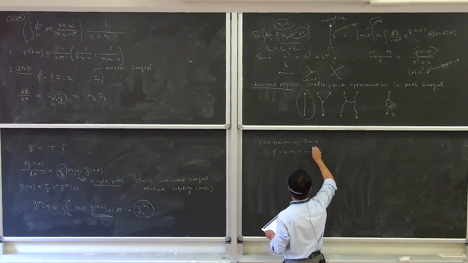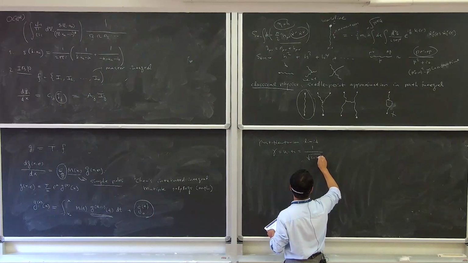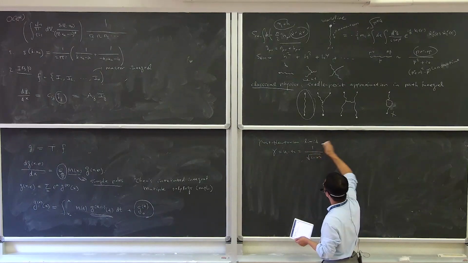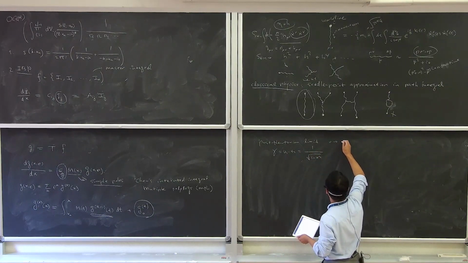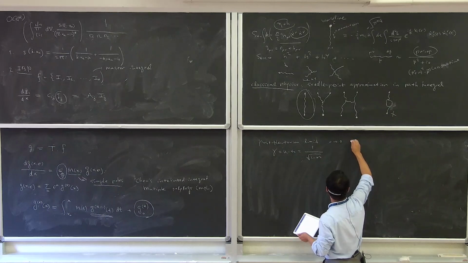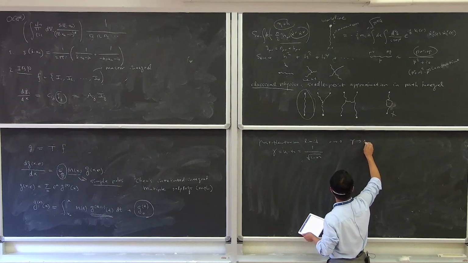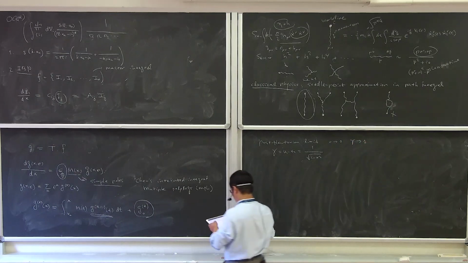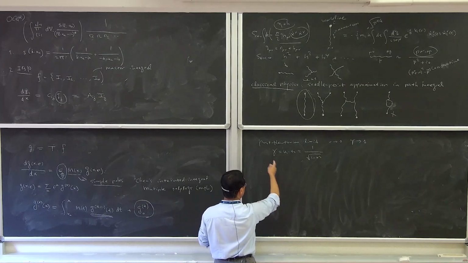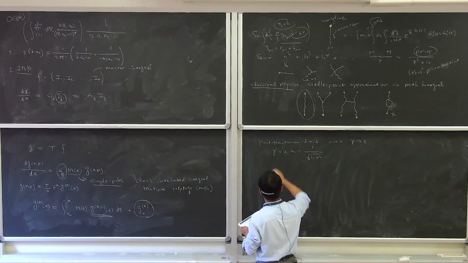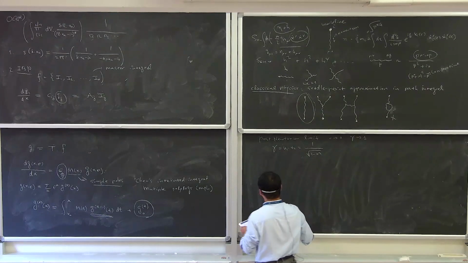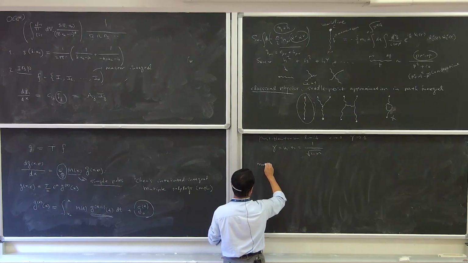So the post-Newtonian limit is just v goes to 0, means gamma goes to 1. So in this region, we can compute. First of all, we should use the method of regions.